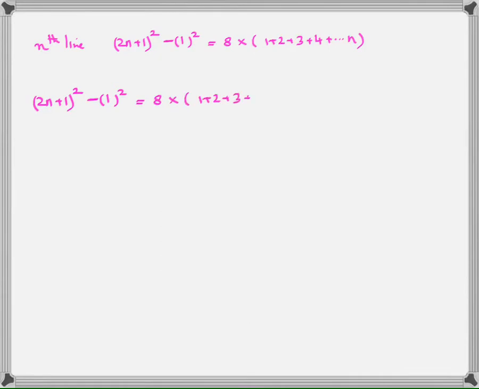So now look at the working. The nth line is 2n plus 1 whole square minus 1 square, that's 8 times 1 plus 2 plus 3 plus 4 plus dot dot dot n. Make the extreme right hand side, that bracket, the subject of the equation. It's all pure algebra. Yes, there was a logic involved.